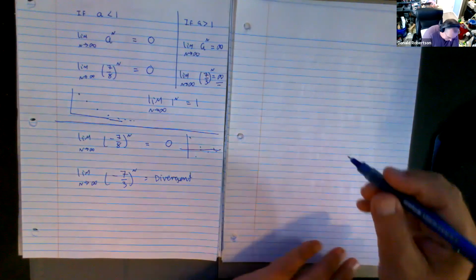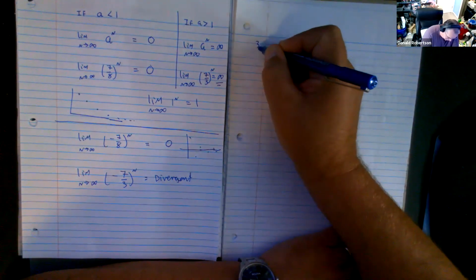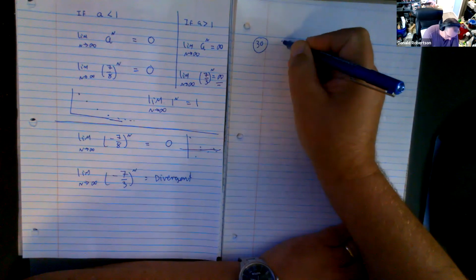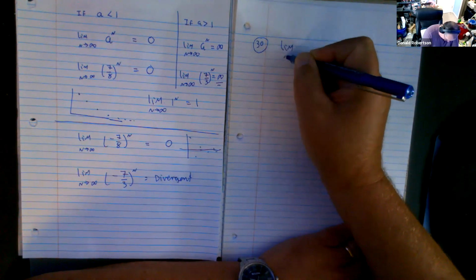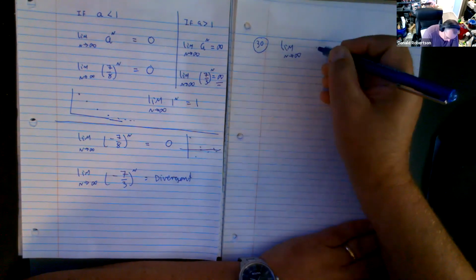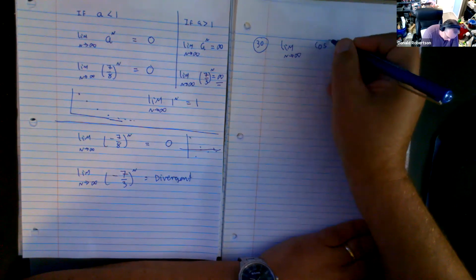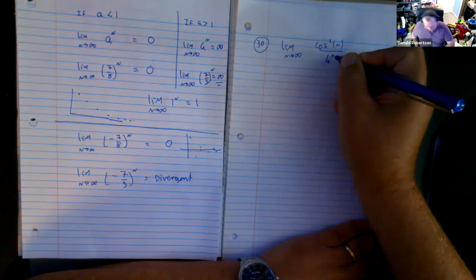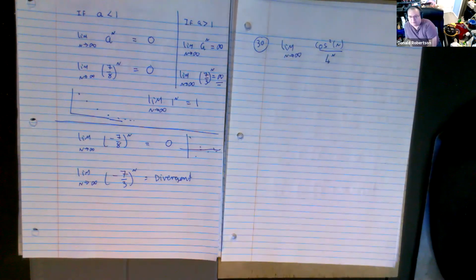Now, the next guy I'm going to get you is a very special case, and it's question 30, and it's the limit as n tends to infinity of cos squared n over 4 to the n. And we are going to use this special case. This is a very special case.